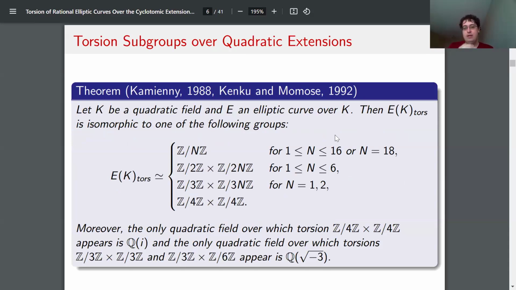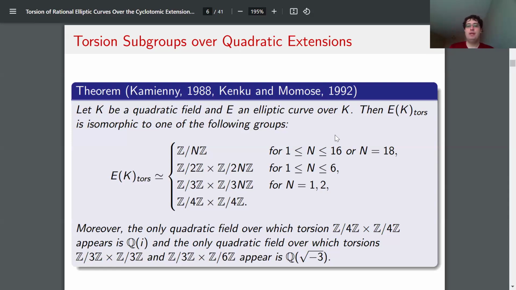As you can see, K can be any quadratic field, so we don't know which of these subgroups is realized over a specific K. They classified for all possible quadratic fields. But importantly, for example, Z/4 times Z/4 appears over only Q(i), and Z/3 times Z/3 or Z/3 times Z/6 appear over only Q adjoined the square root of -3.